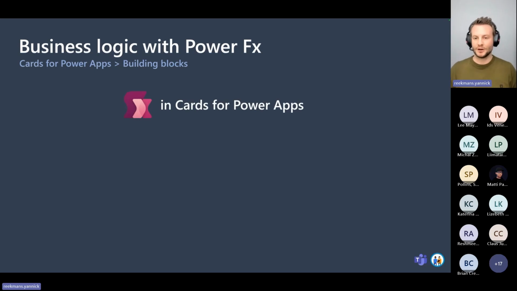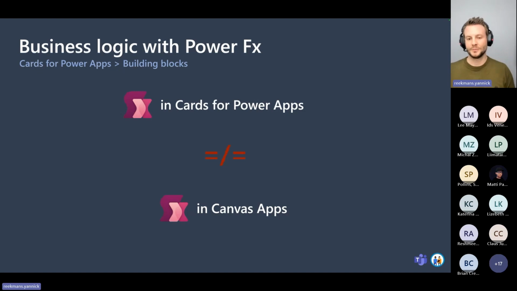Now, the Power FX in cards for Power Apps and the Power FX in Canvas apps has the same name, but unfortunately is not the same thing. I can only recommend that you read the documentation on top of this, because there are functions that are supported in Canvas apps that are not supported in cards for Power Apps.